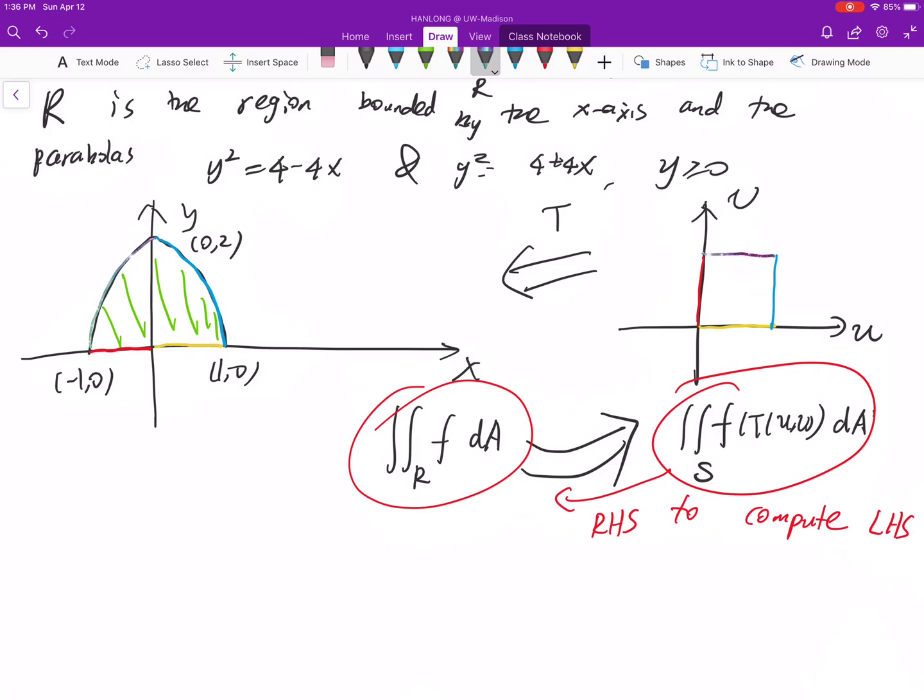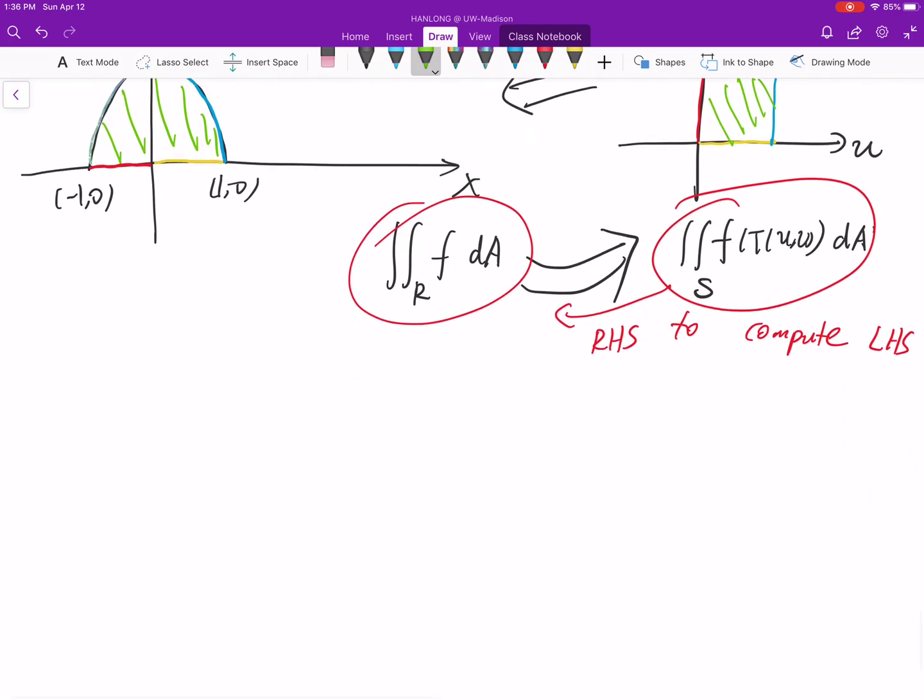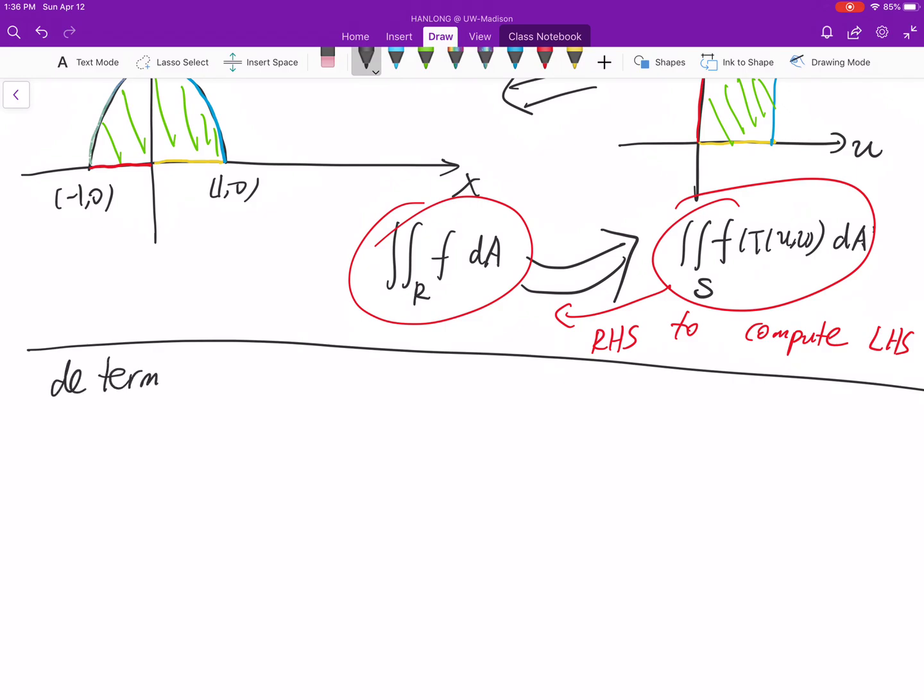So here I will show you how to do this transformation, because it's a little bit different. Determine the pre-image.